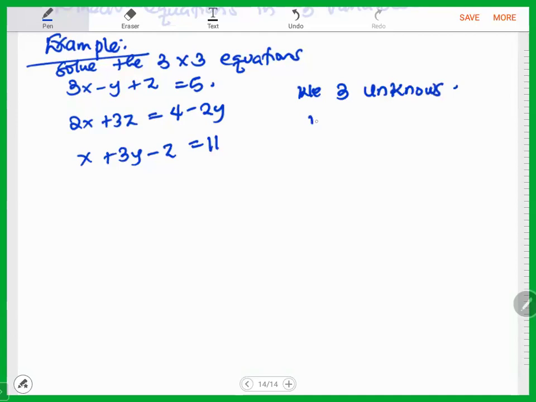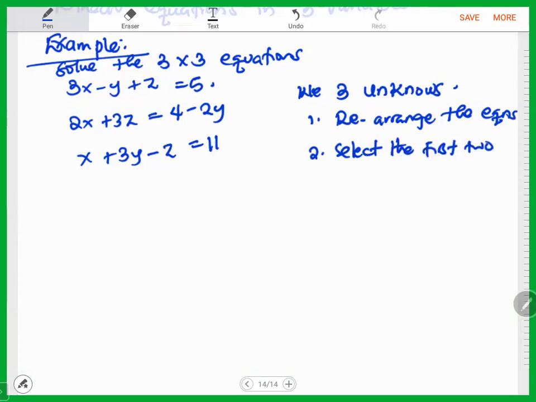So one, rearrange equations. Two, select the first 2 equations and eliminate one unknown.